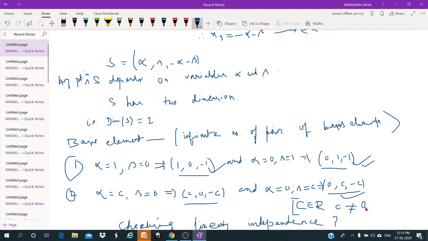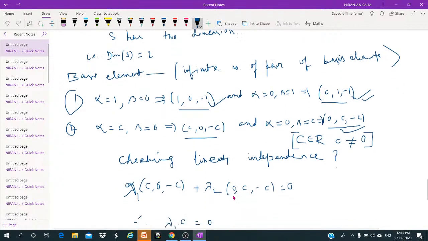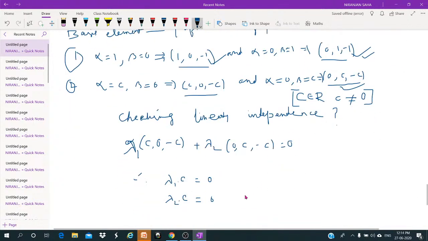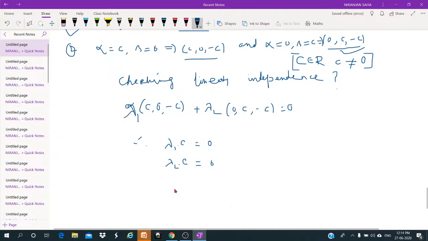Otherwise, we would have a 0 vector in the basis, and a 0 vector cannot be a basis element. And there is minus lambda 1 minus lambda 2 C equal to 0.